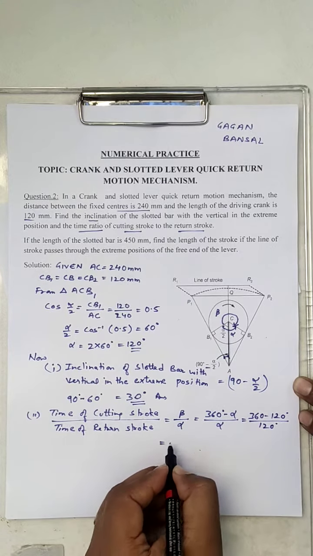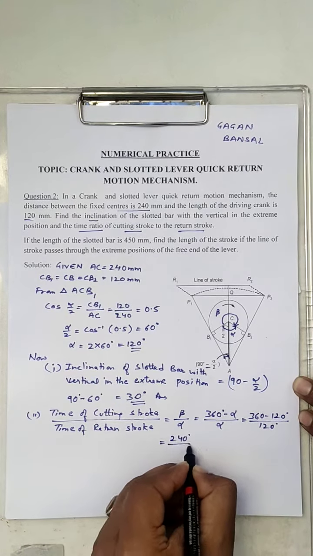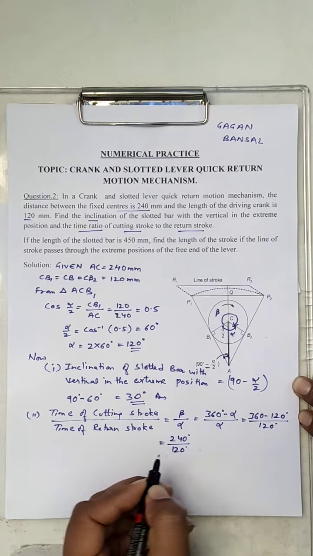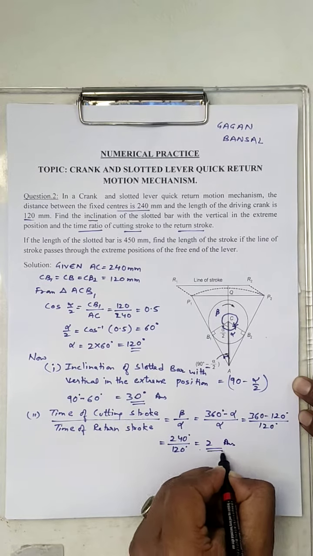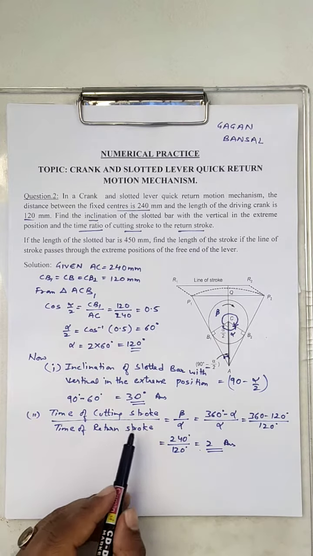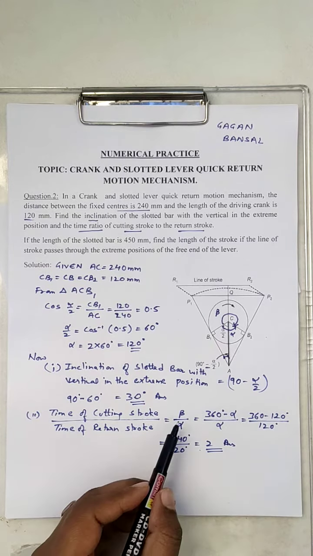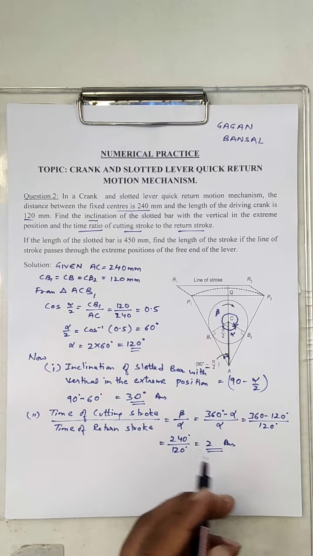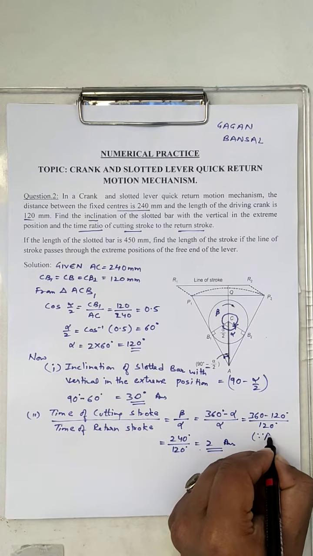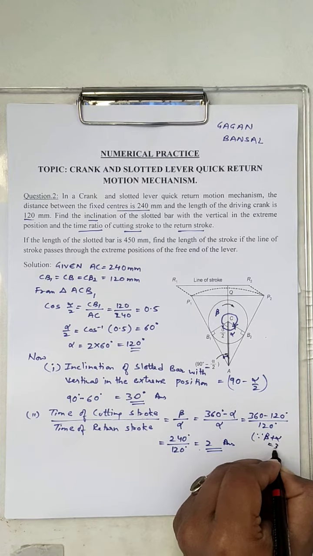So 360 minus 120 is 240 degree upon 120 degree, that is 2. So the time of cutting stroke to the time of return stroke is beta upon alpha, which is equal to 360 degree minus alpha upon alpha. Why? Since beta plus alpha is 360 degree.